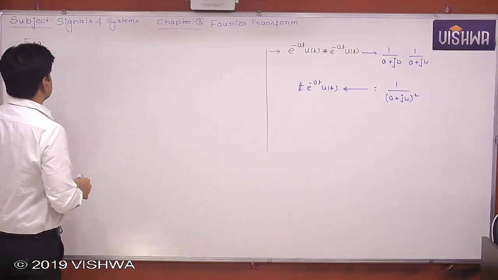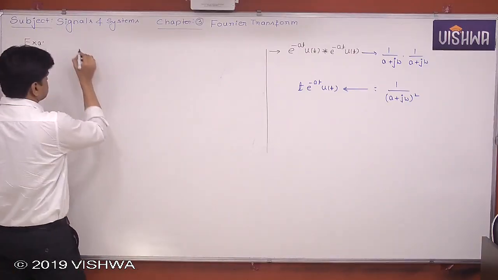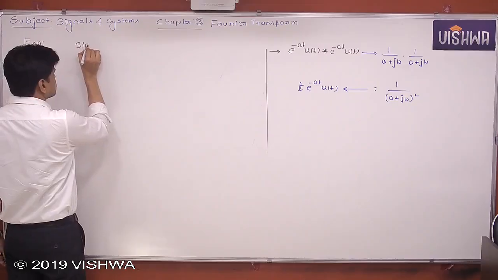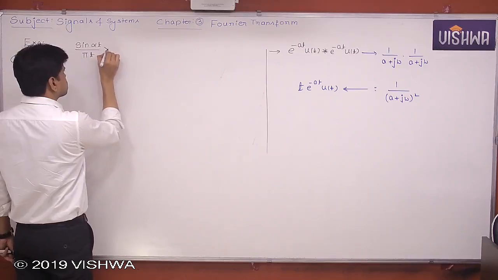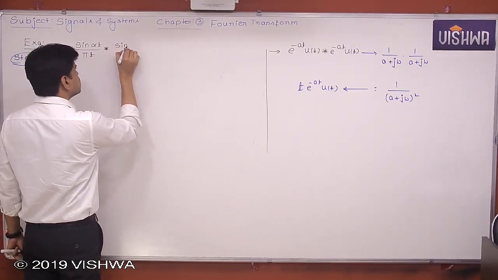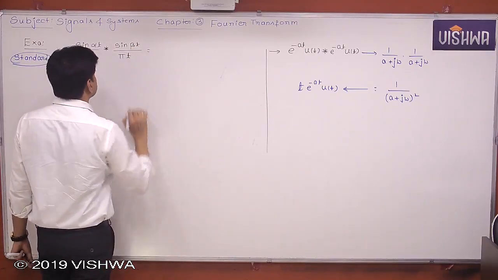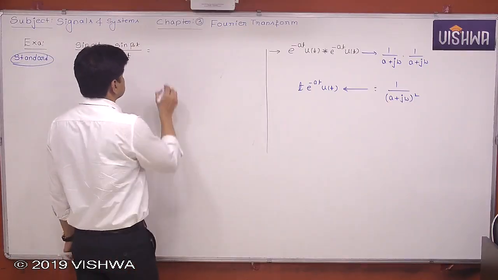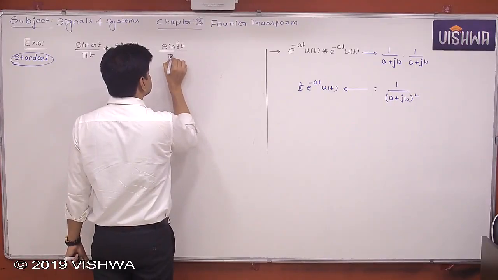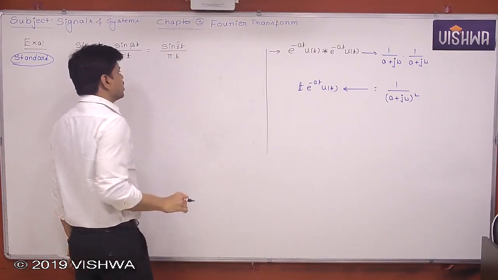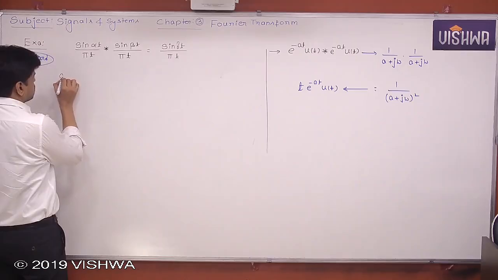The question is, sin alpha t by pi t convolution with sin beta t by pi t is equal to sin gamma t by pi t. Where gamma is? So options.